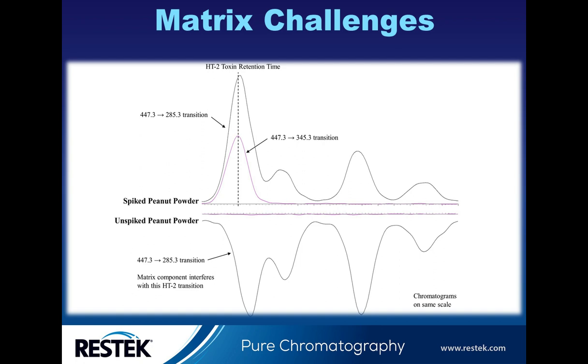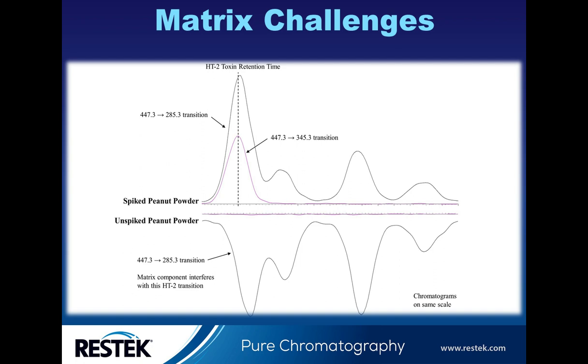Seems like an interference is present in the blank matrix. So in this case, we were not able to do the integration or calculation according to this primary quantifier. Therefore, we selected a qualifier, which is the less abundant MRM transition 447.3 to 345.3, to do the quantification and the calculation.